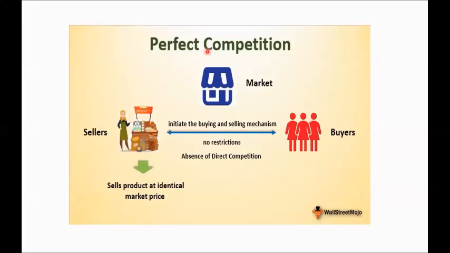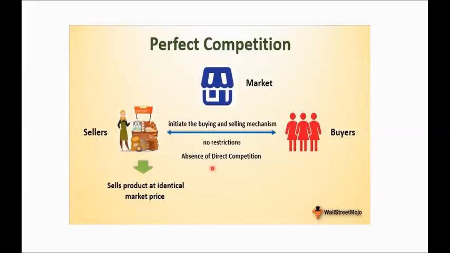And in perfect competition, there is no restriction. That's why it's open to entrance and exit. So if you want to sell, for example, your beauty product, you are open to the market.